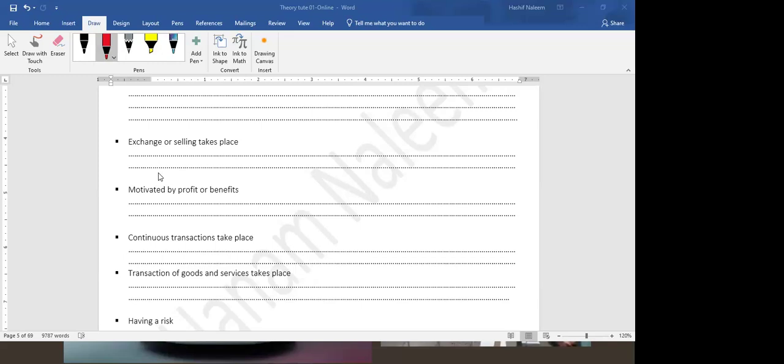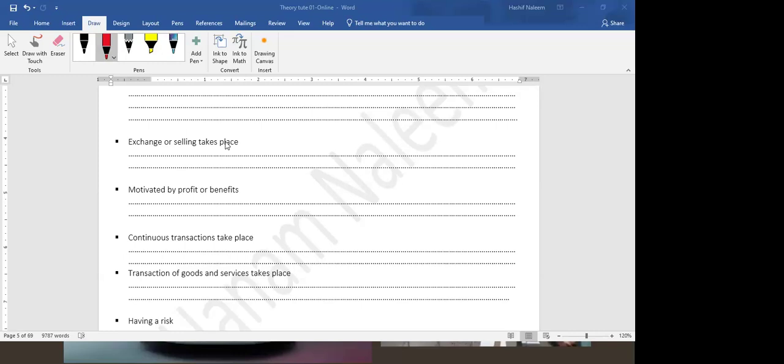Same question I'll modify. You are taking those carrots and you are going out and selling. Is it a business now? Simple. So one of the characteristics of business is that exchange or selling takes place. You have to go to the customers, give the product and take money.